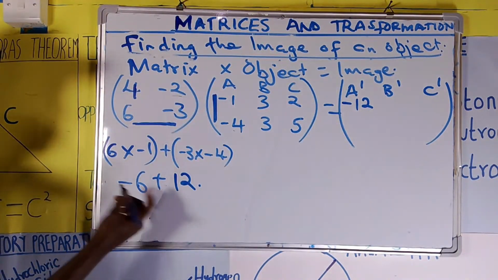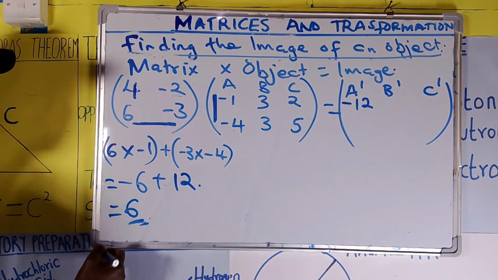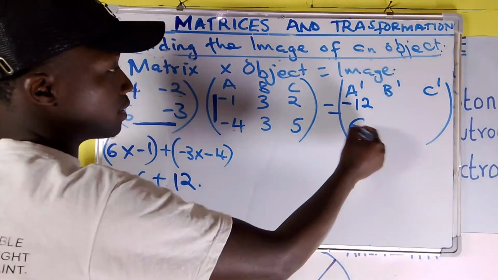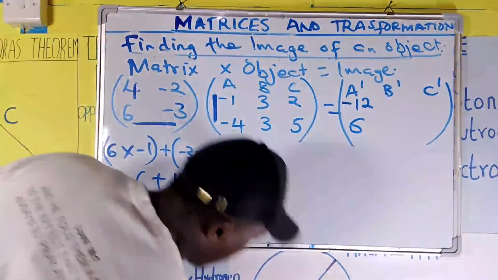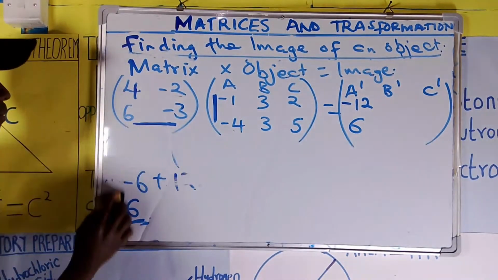So -6 plus 12 gives us 6. So this one is 6. We are done with A prime. Let us go to B prime.